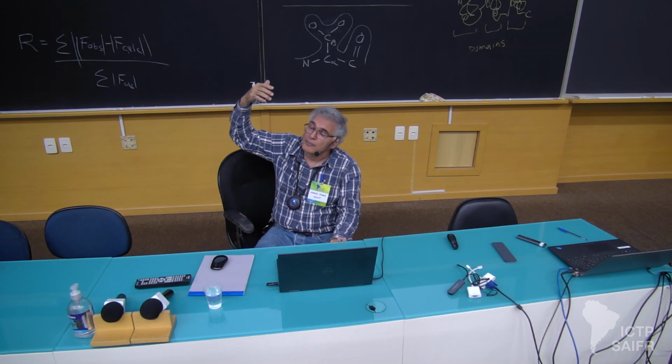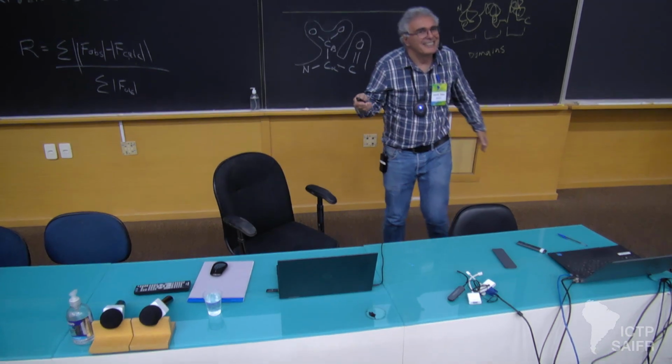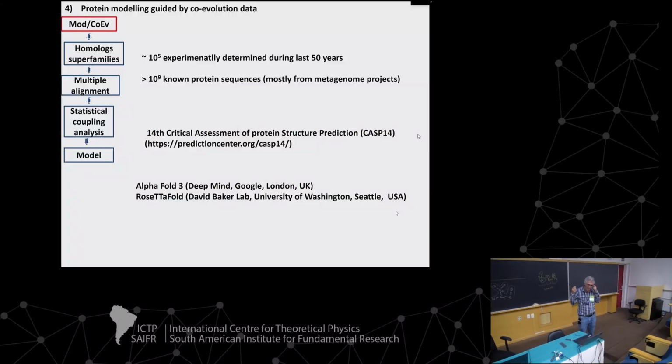So now we've got billions of sequences of proteins, and that allows us to make a whole bunch of superfamilies of homologs. So you have a very, very deep vision of the relationships between certain proteins and other proteins. In the past, when we had fewer sequences, we would have a structure of a protein and another structure of a protein, and they seem to have the same fold, but the sequences are very, very different.